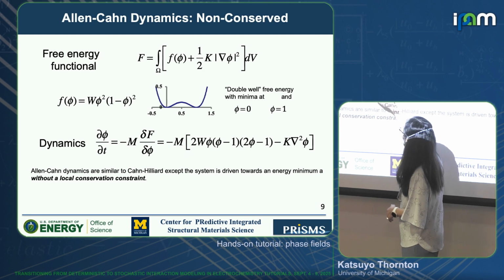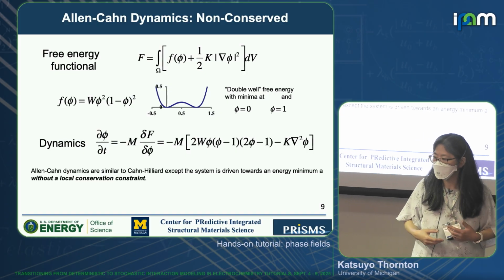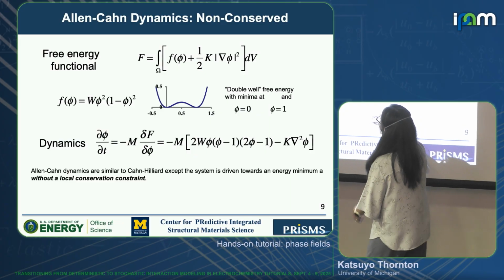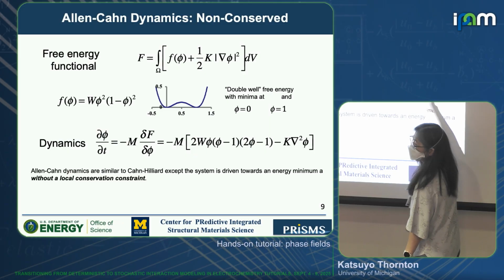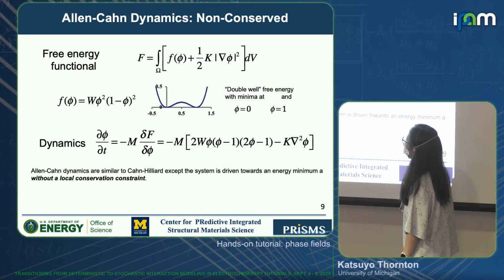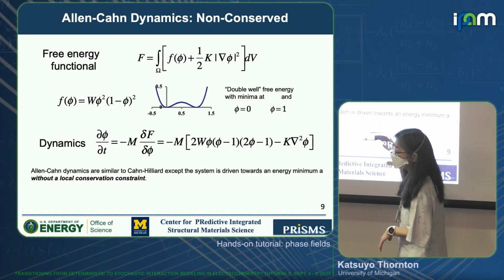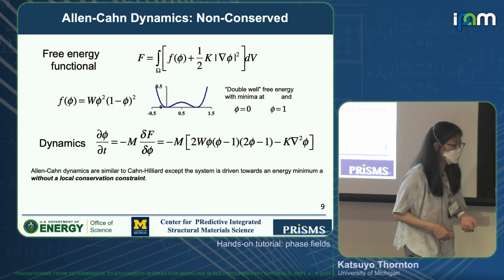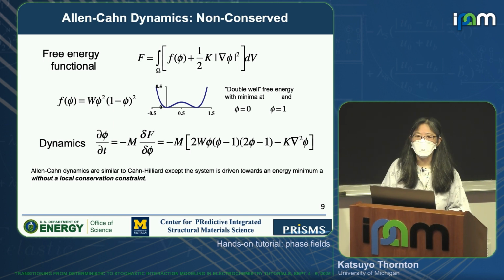And again, still down, and then there's some coefficient that tells you how quickly the system can respond to the driving force. And if you put in this free energy, you get this equation. Again, there's that term coming from the gradient energy. And you just solve this, and then I'm going to use this equation later on to illustrate how it gets solved in a finite element framework. Any questions?